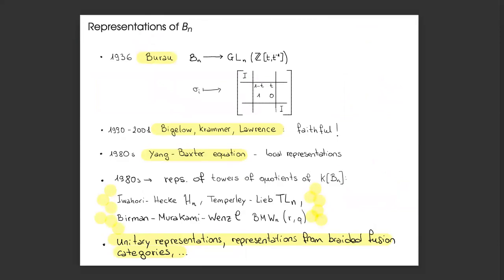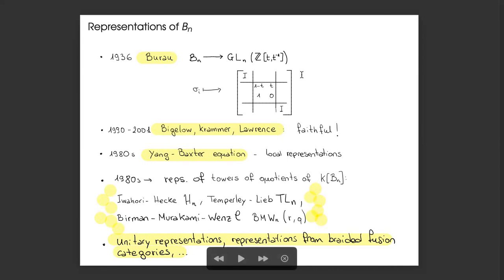We have the Burau representation, the most historically studied representation of the braid group, obtained by sending one elementary generator of the braid group into this matrix. And this is not a faithful representation.